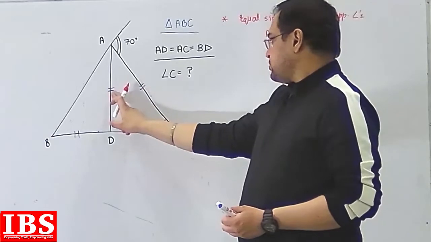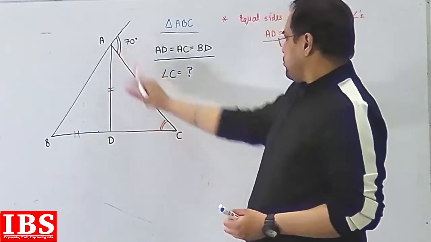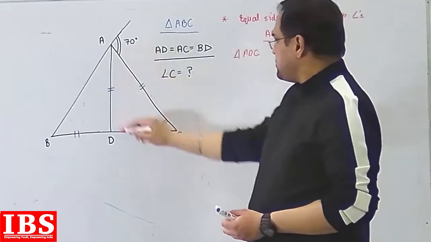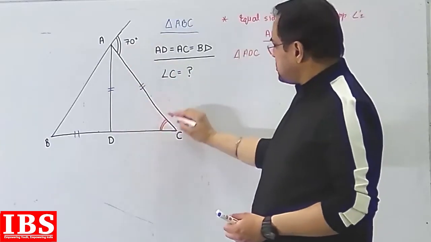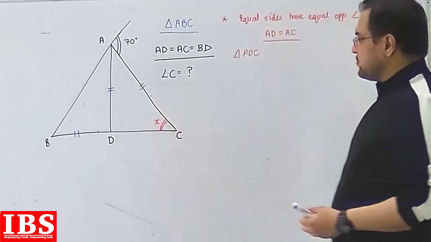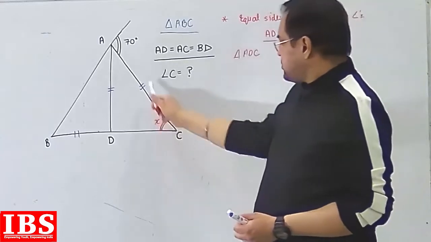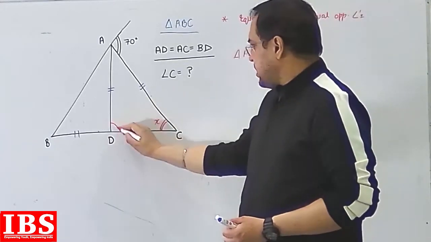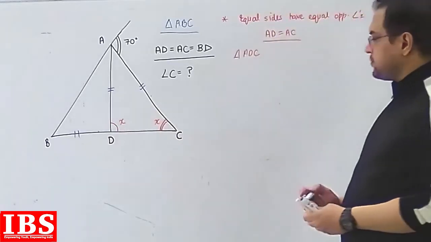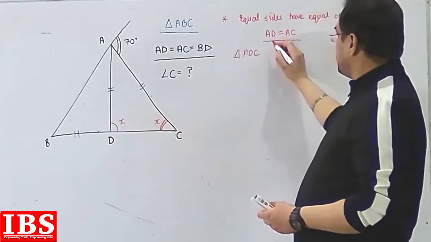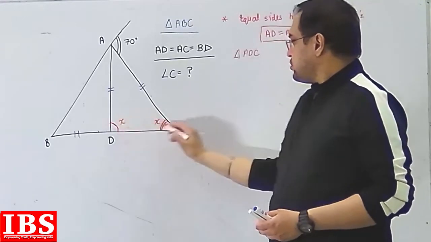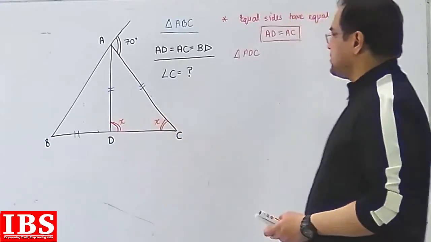The angle opposite to this side in this triangle, we are talking about triangle ADC, opposite to this is this. Okay, let us consider this is x. All right, if this is x, this angle will also be equal to x. Okay, clear? So if the sides are equal, the angles will also be equal. So this angle will be equal to this angle.